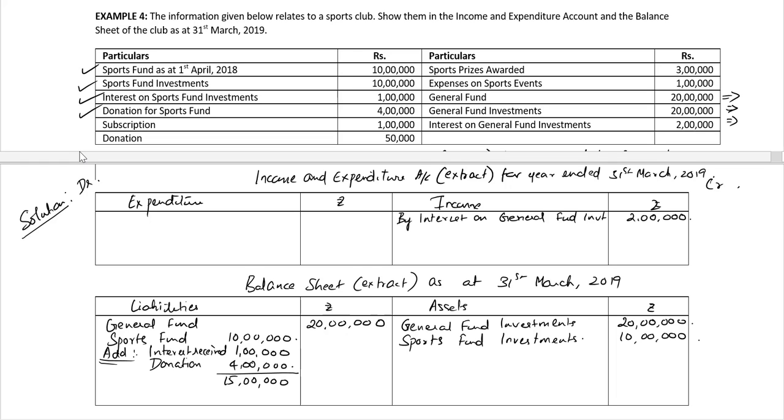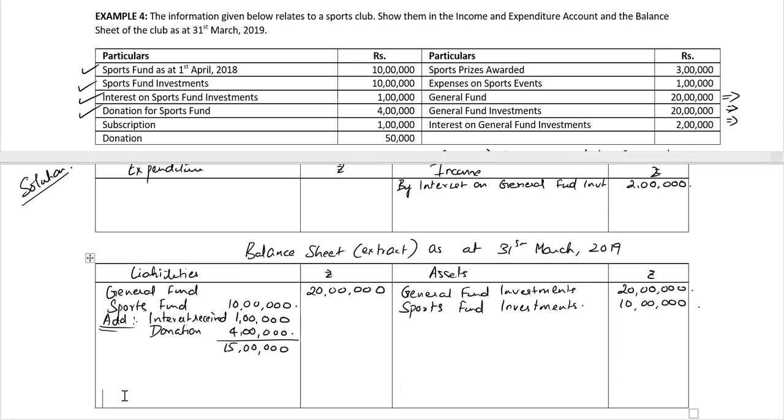We need to subtract the expenses. Less: there's a sports prize awarded of 3 lakh rupees and expenses on sports events of rupees 1 lakh. So prizes awarded plus expenses on sports events.